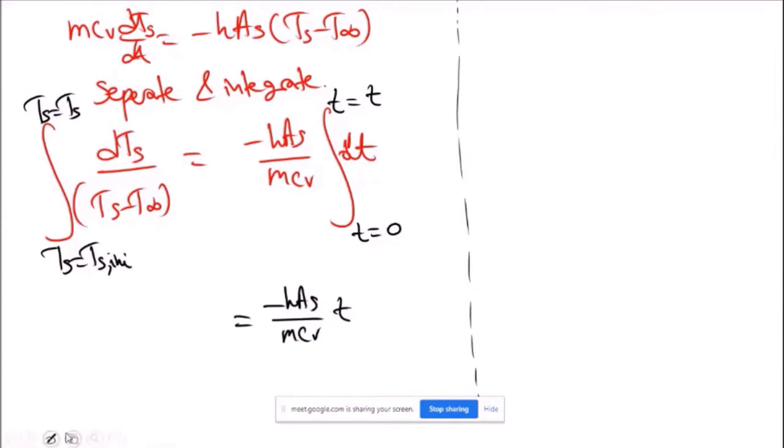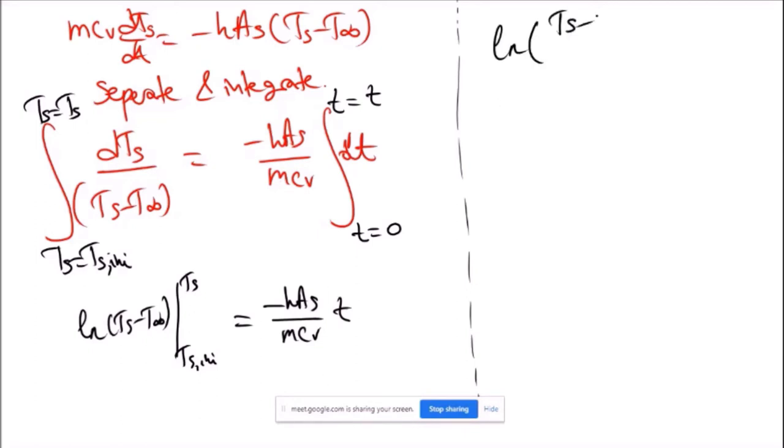No, I'm just asking what the integral of this one is. Yes. In the first case, instead of Ts you will write dTs, it is the same. In the second case, you will write Ts minus Ts initial. So ln, it will be Ts minus T infinity as the upper bound, and you will write the lower bound, Ts initial minus T infinity. Okay, is it okay?